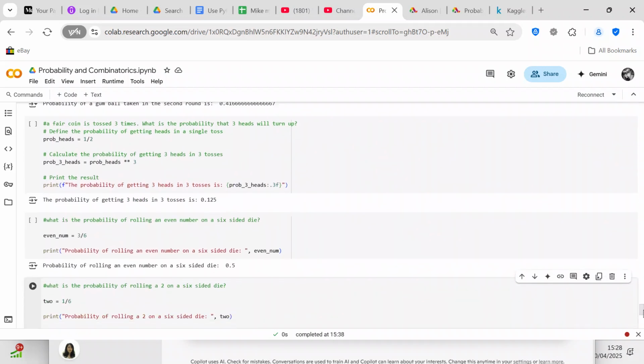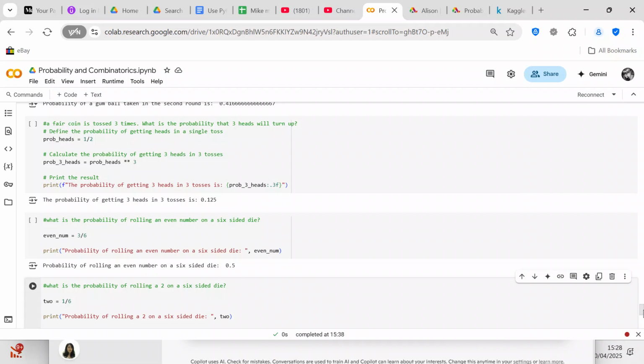So we have another question. A fair coin is tossed 3 times. What is the probability that 3 heads will show up? Define the probability of getting heads in a single toss: probability of heads equals 1/2, or 0.5. Then you calculate the probability of getting 3 heads in 3 tosses.